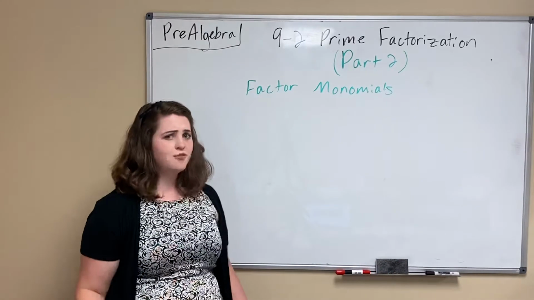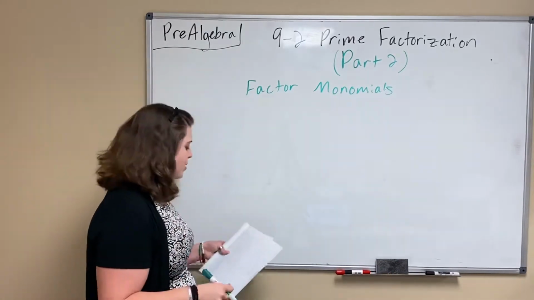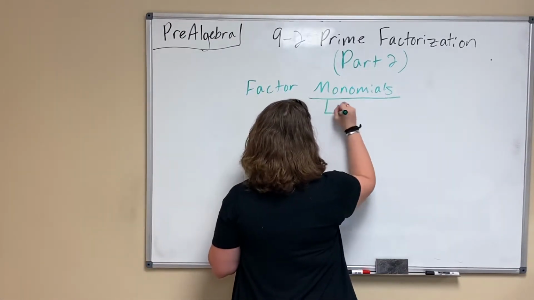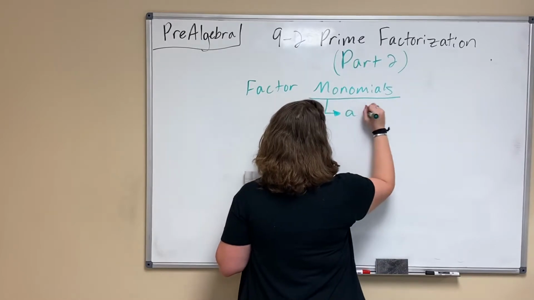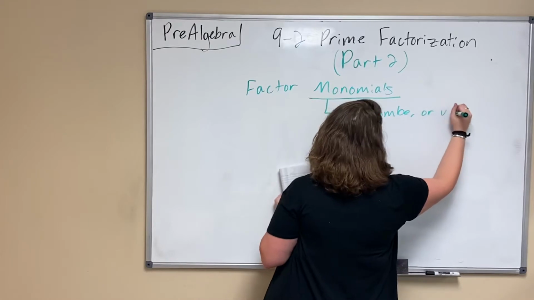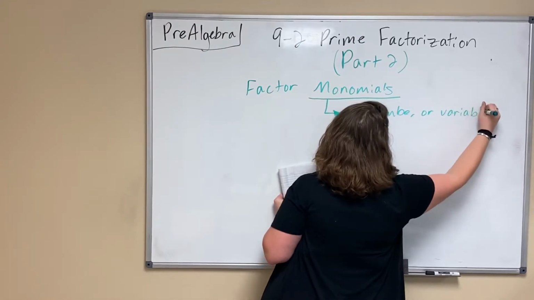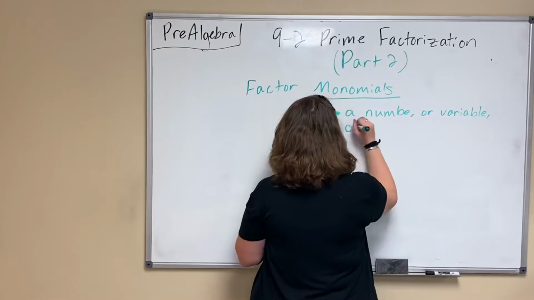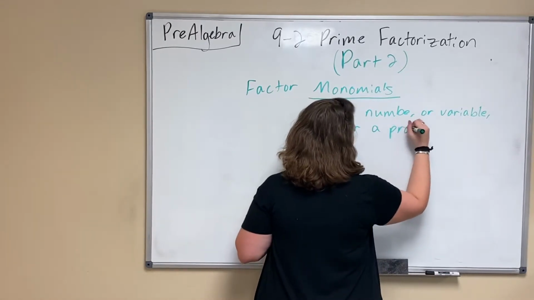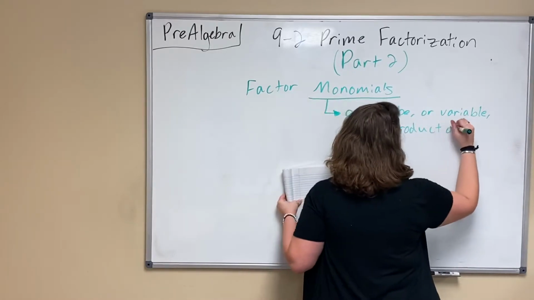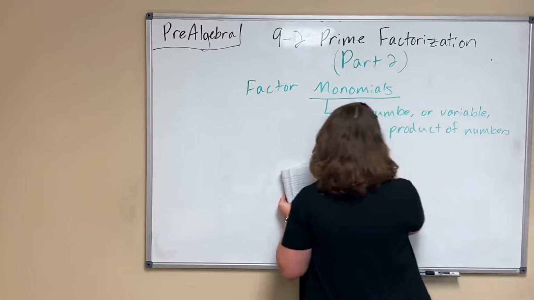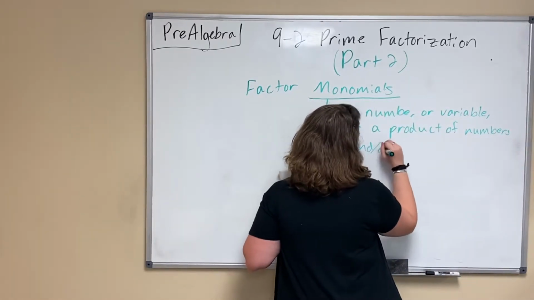Now, you might not be familiar with the term monomial, but a monomial is basically a number or variable or a product of numbers and or variables.